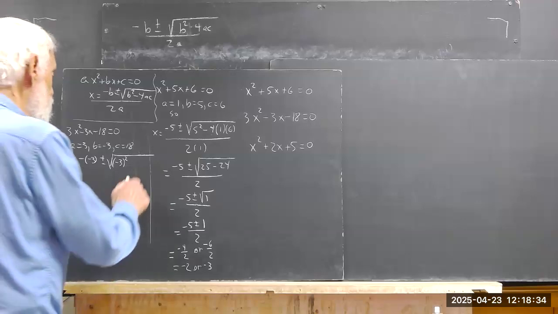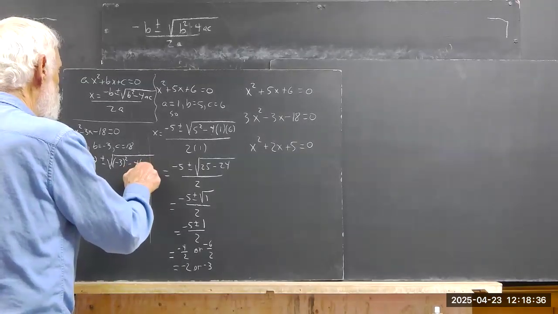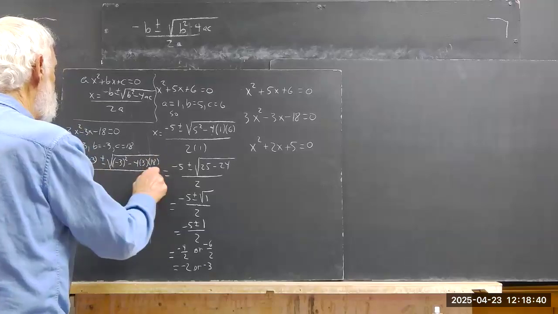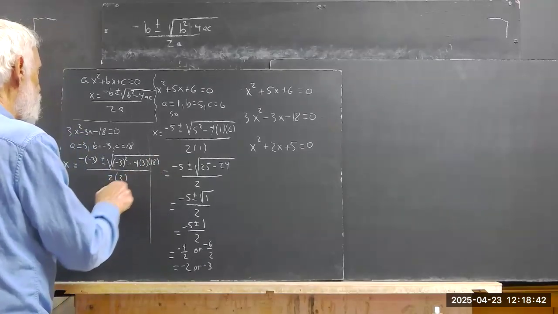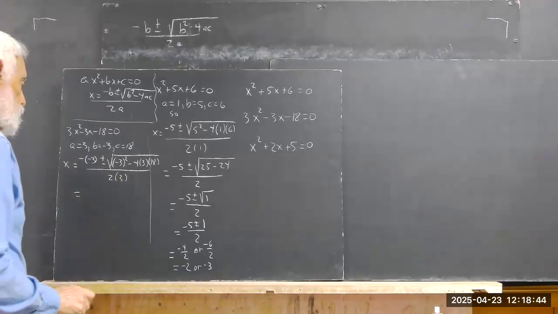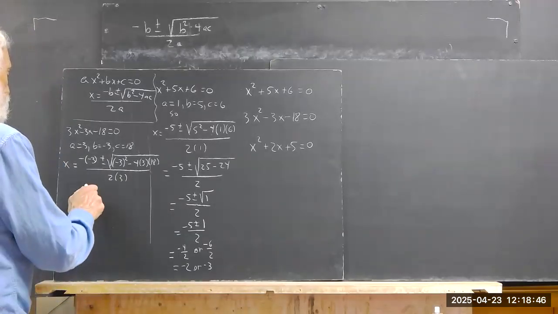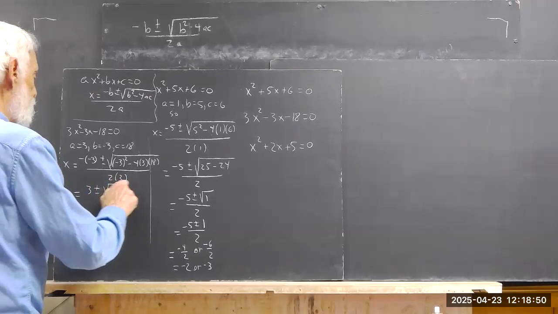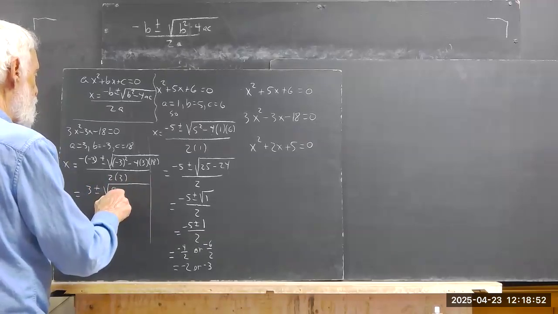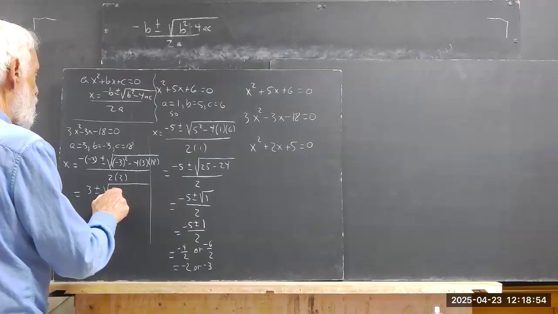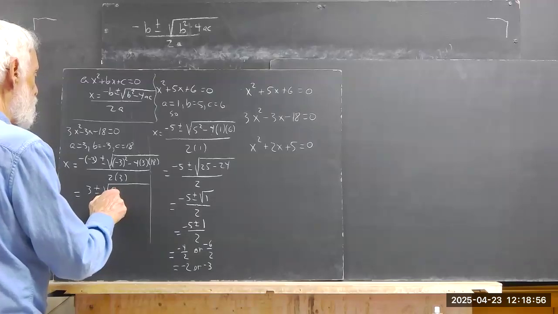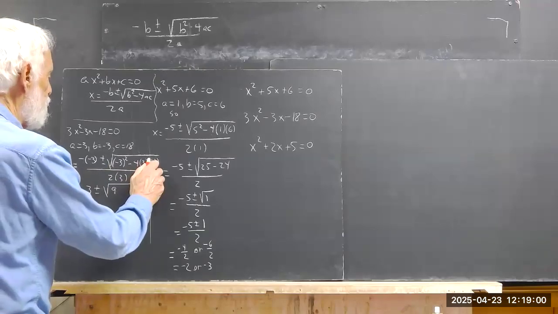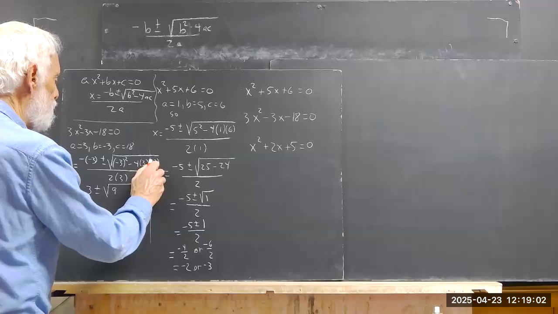Okay. And then it's minus 4 times 3 times 18. This 18 is negative.